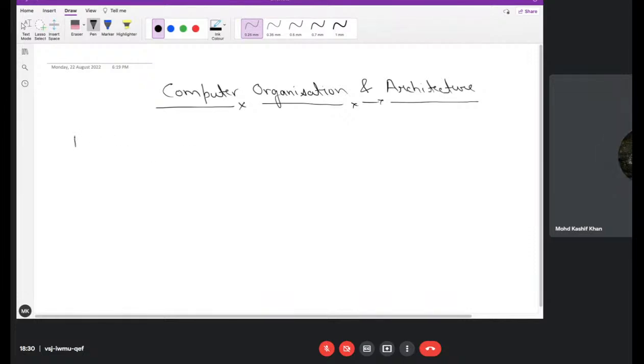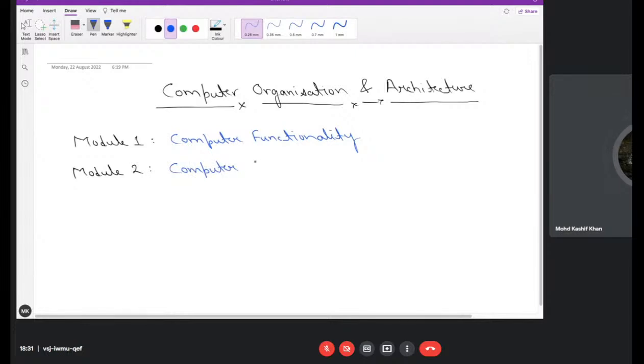In the first module, we will understand what are the computer functionalities. In the second module, we will study about the different components of the computer, computer components.